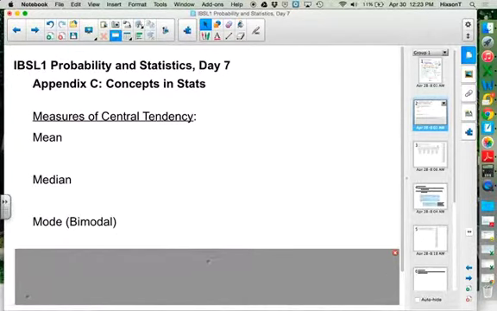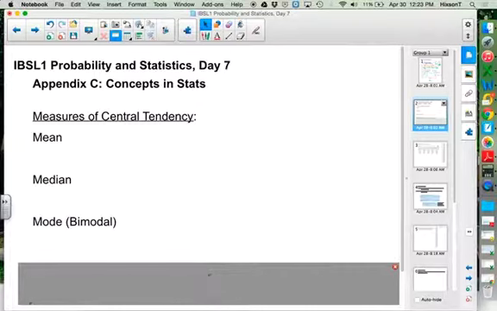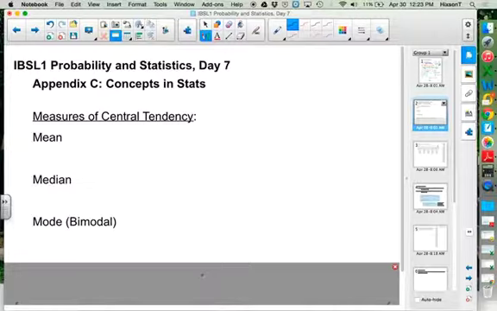Let's define them and also see some notation, and then we'll do a little bit of an exercise with that as well. All right, so first of all, the mean, there's actually two different kinds of notation here for mean. One if we're dealing with a sample, and another is for if we're dealing with an entire population.